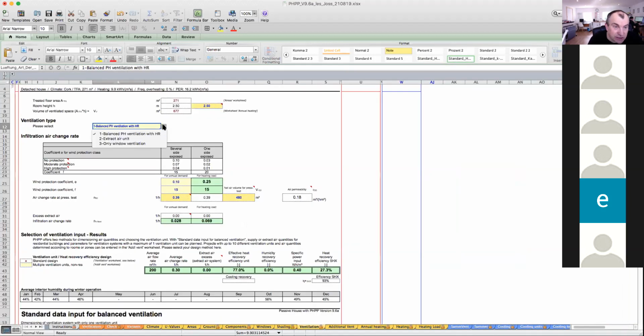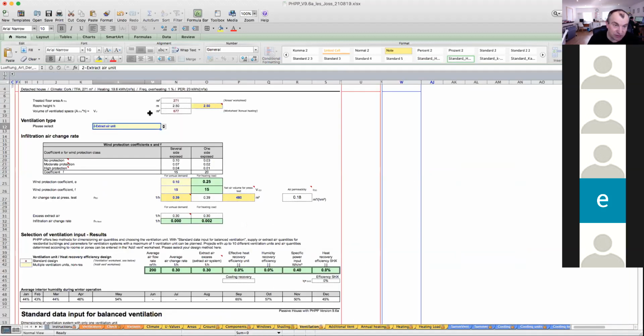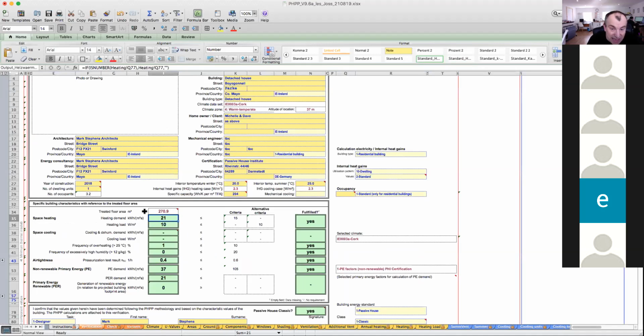If I change it to just an air extract unit, that's a unit that's extracting air only, it's gone up to 20. So immediately you can see that the MHVR makes a big, big difference on your heat balance in a low energy build. And if we only have window ventilation, just windows opening, if we go back to verification, it's increased again. So you can see why it's important to have MHVR.